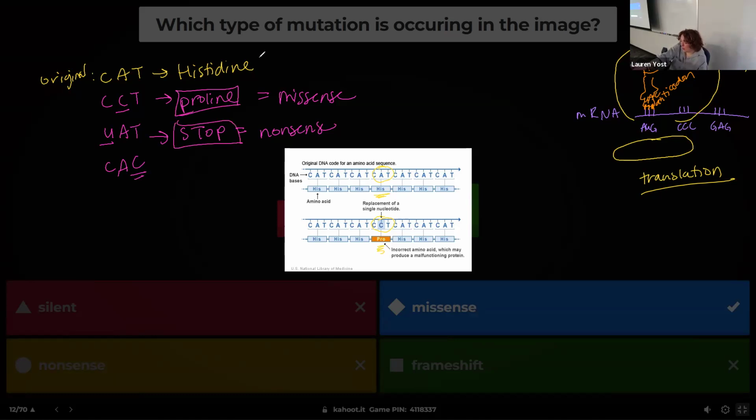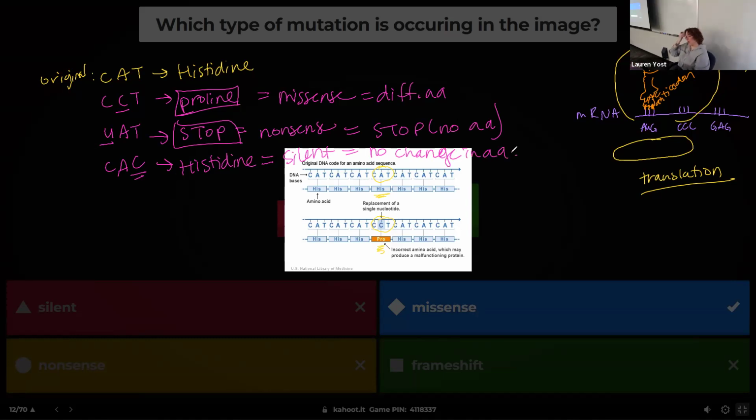If it is a different amino acid, versus a stop, which is no amino acid, versus if CAC still codes for histidine, did we change the amino acid there? No, it's the same. This is called a silent mutation. No change in the amino acid.